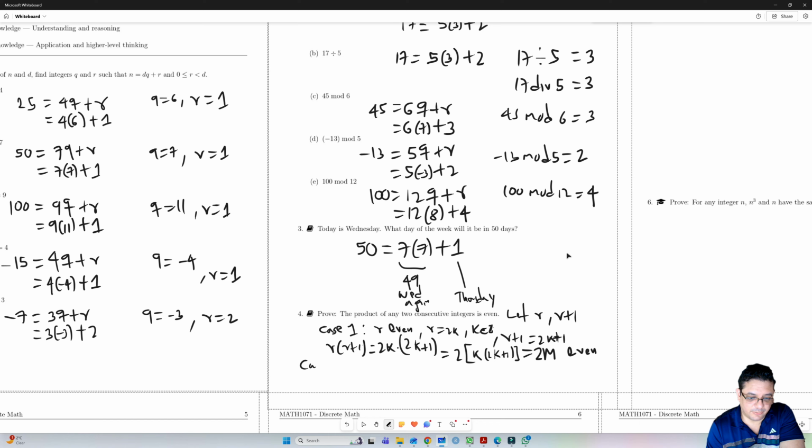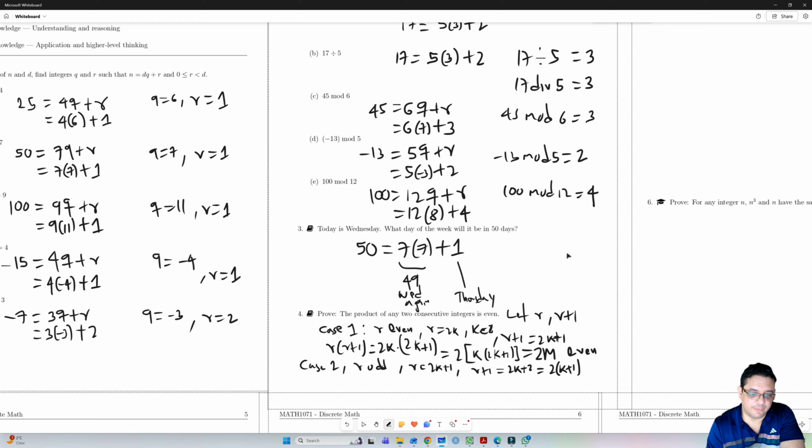Now for case 2, where r is odd, then we have that r is 2k plus 1, right? But then r plus 1 is just going to be 2k plus 2, or it's just going to be 2 times k plus 1.